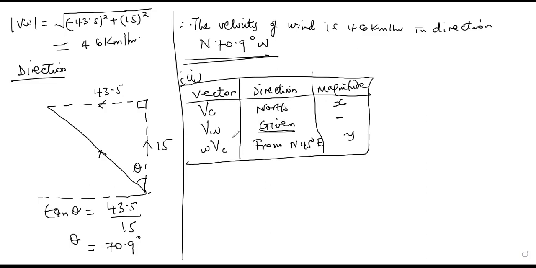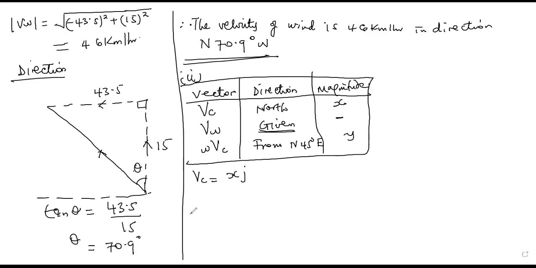But then they want us to find the velocity of that cyclist if the wind is appearing to blow from north 45 degrees east. Now, from this table, you can see that the velocity of the cyclist or velocity of the motorist is xj, because it's moving in the north.